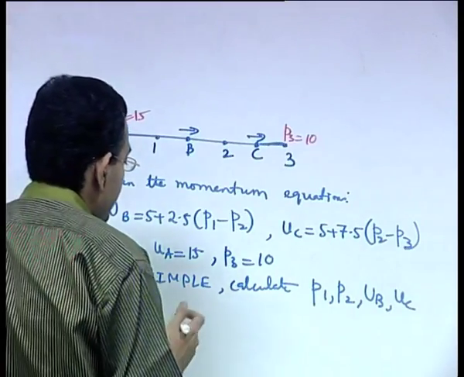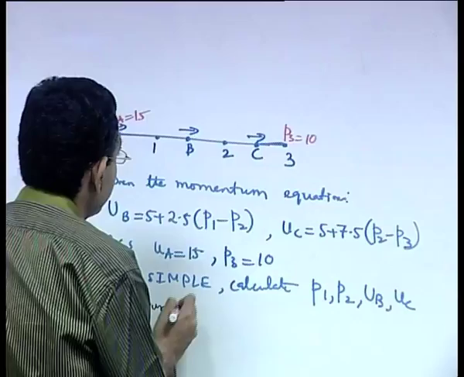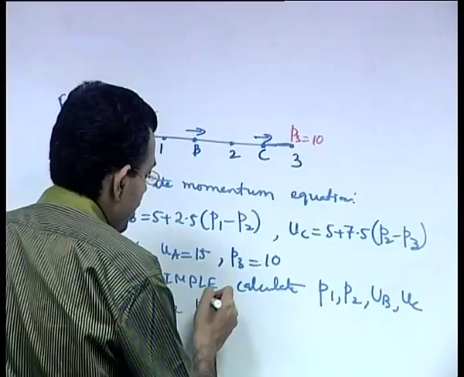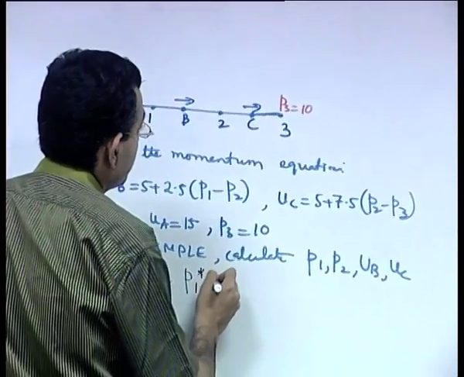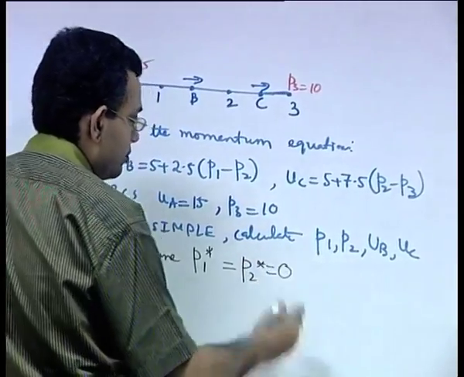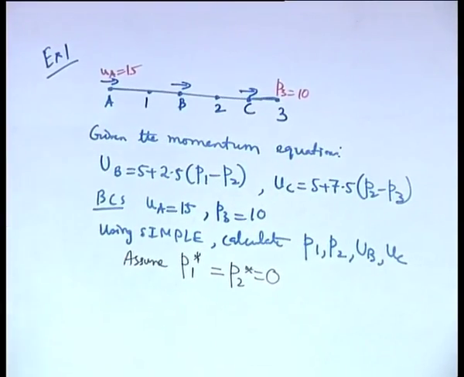So, let us say that P1 star equal to P2 star equal to 0. Clearly these are very wrong choices, you can see.